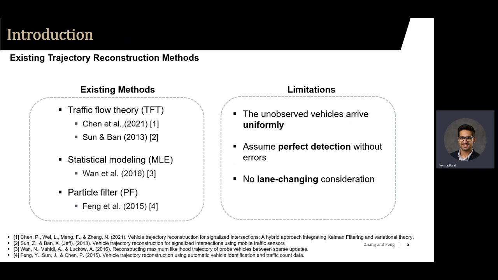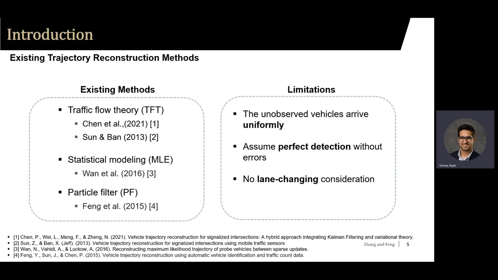In 2016, they used the maximum likelihood estimation based method to reconstruct the maximum likelihood trajectory of the probe vehicle by using the GPS updates, considering the travel time, the queue length, and the signal timing. So the last one is from the particle filter methods.